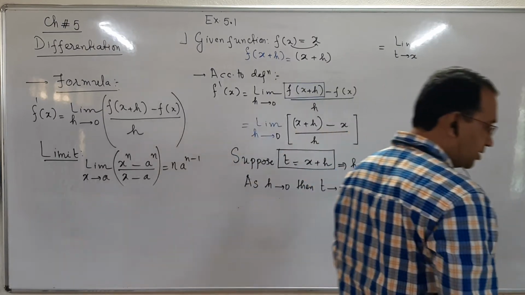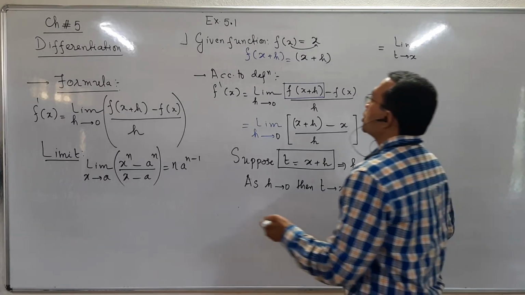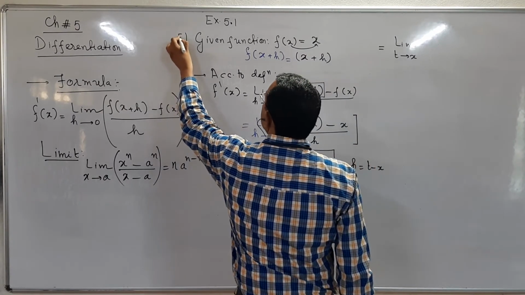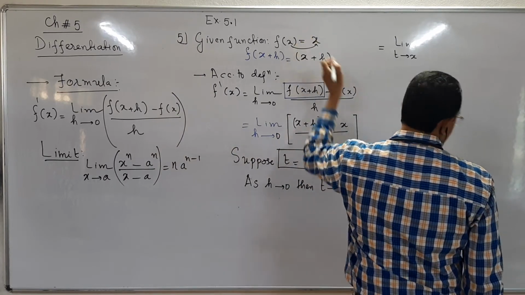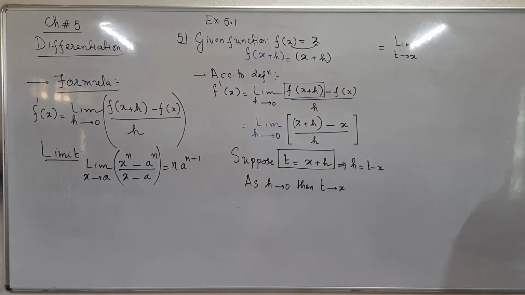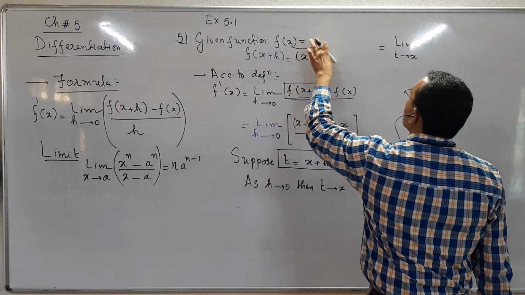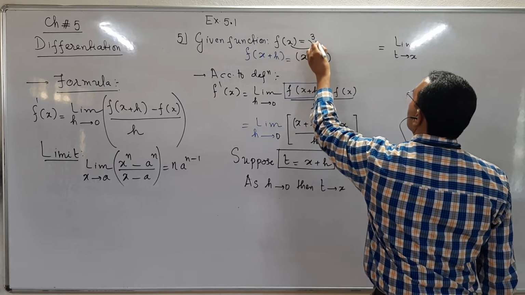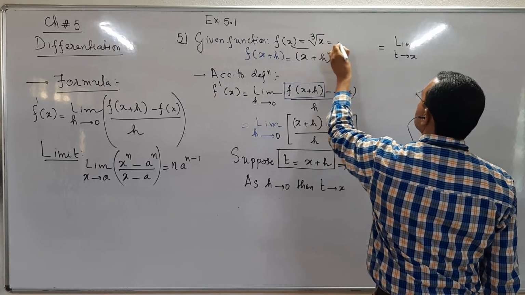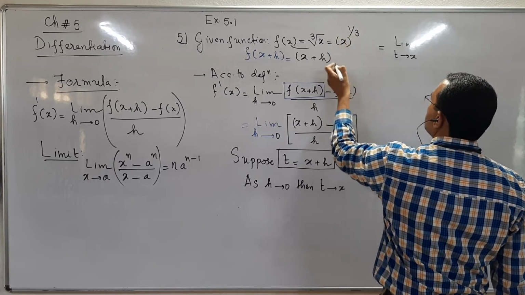Now, students, I am doing the fifth sum. Our function is cube root of x. It is written as f(x) is equal to cube root of x. Now, cube root of x is written as x to the power 1 by 3.